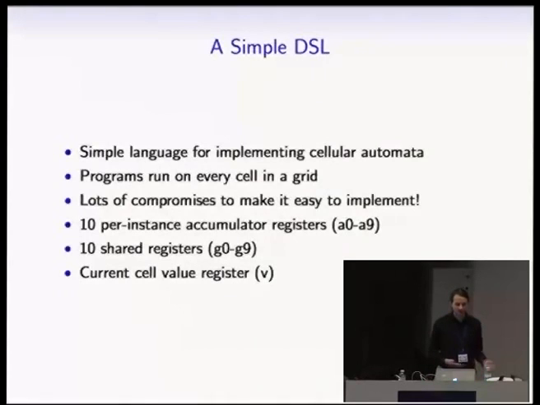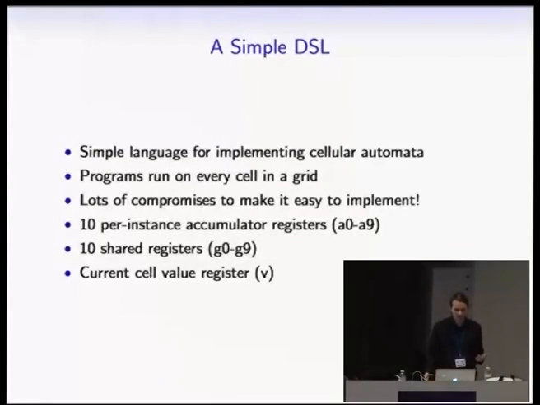Unfortunately, I picked cellular automata, which I can't say very quickly. A cellular automaton is basically a grid containing values, and a program runs on each square in the grid, and it computes some value based on the current value and based on the values of the neighbors.